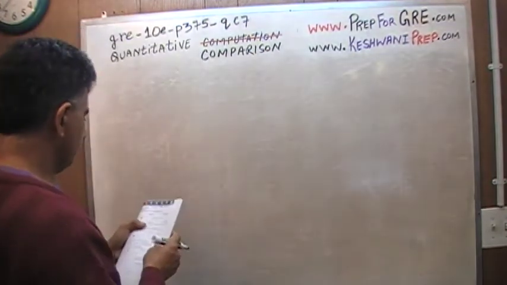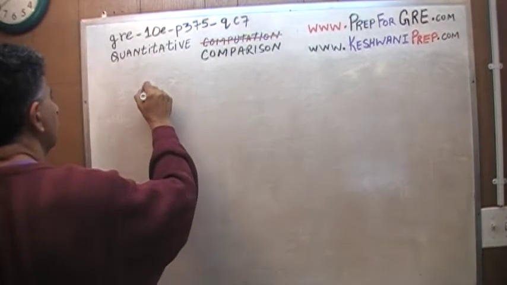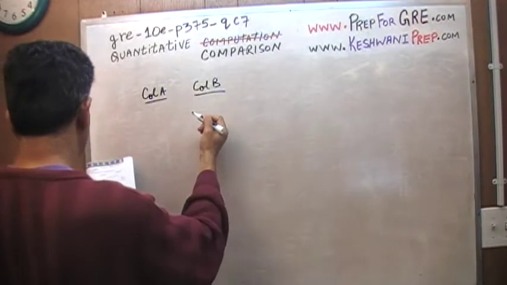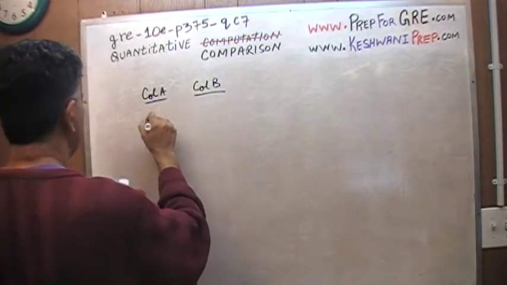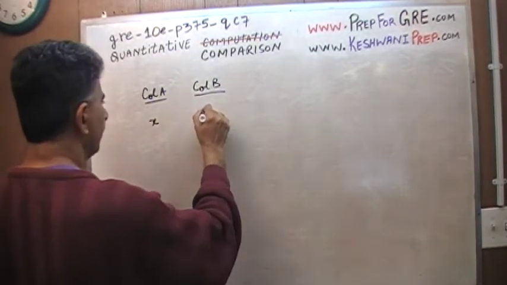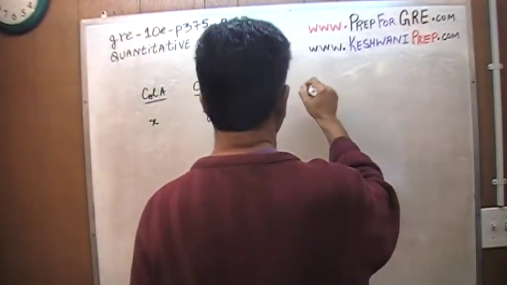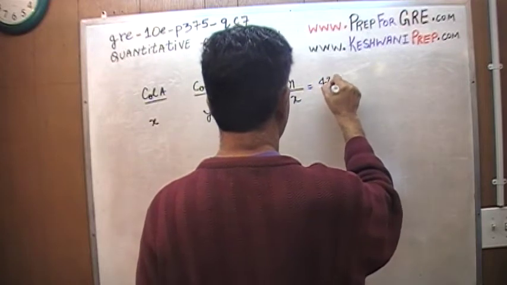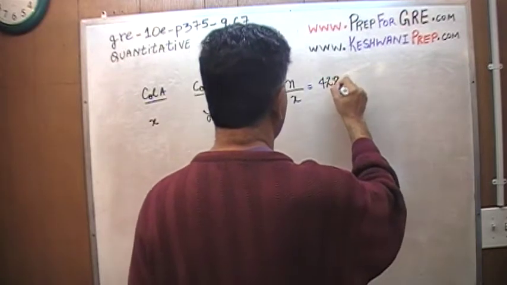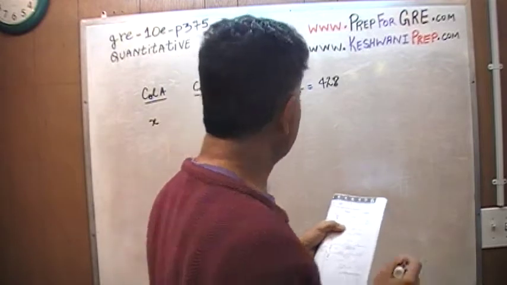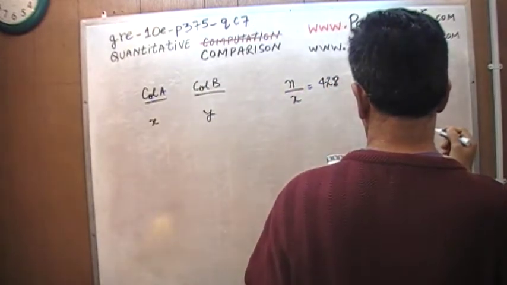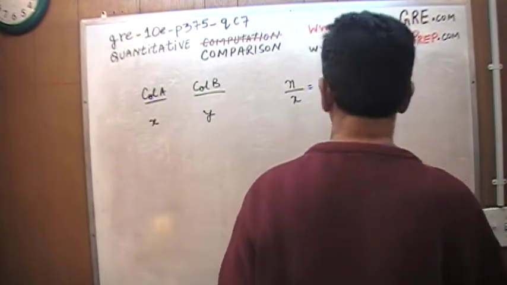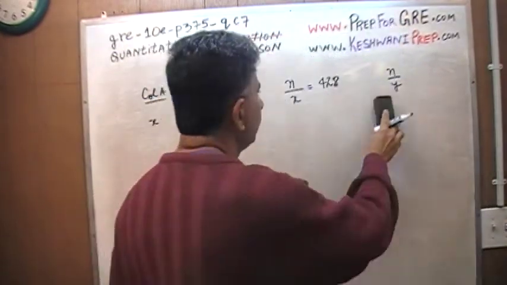They want us to compare column A, column B. They want us to compare X versus Y. And here they tell us that n over X equals 428. And here they tell us that n over Y, let me put this separately because we might need the room here.